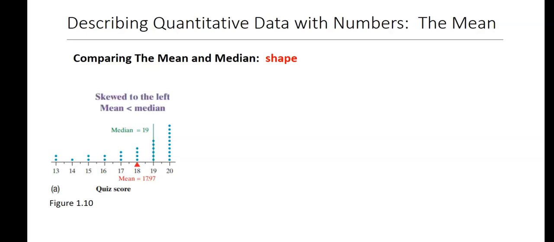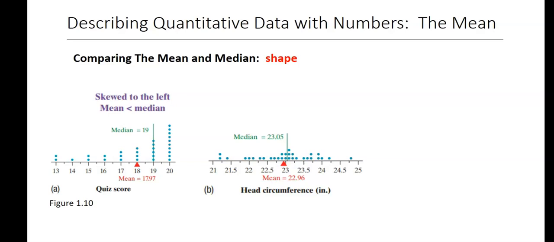The median's going to stay in the middle, but when it's skewed, the mean will get pulled toward that skew. It's the effect of that outlier pulling the mean towards it. So if it's skewed left, the mean is always going to get pulled towards the outlier, so it's going to be smaller than the median, because the median is unaffected, or resistant, to the effect of an outlier.